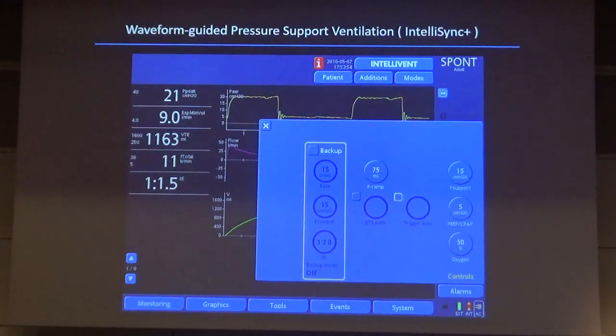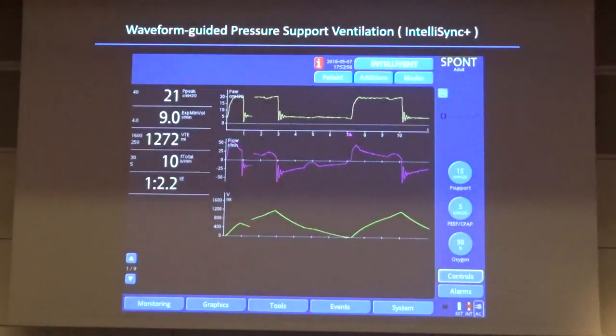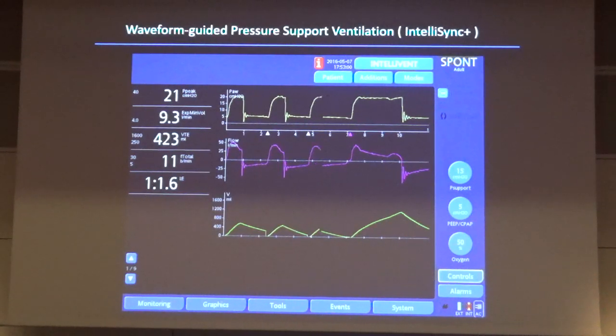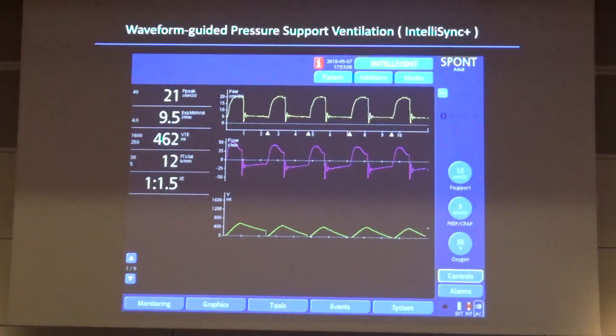And switching on the waveform-guided triggering and cycling, you see that patient-ventilator interaction immediately improves. And if you look at timing, now the pressure support is delivered at the very beginning of patient effort, even if flow is still negative.